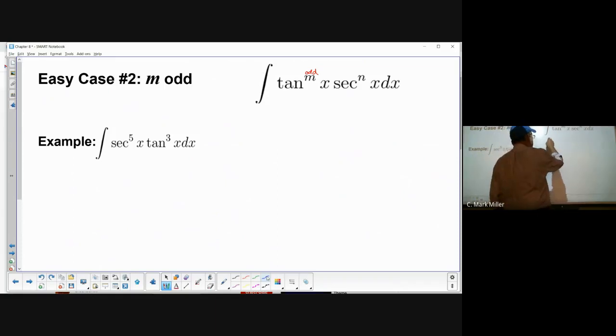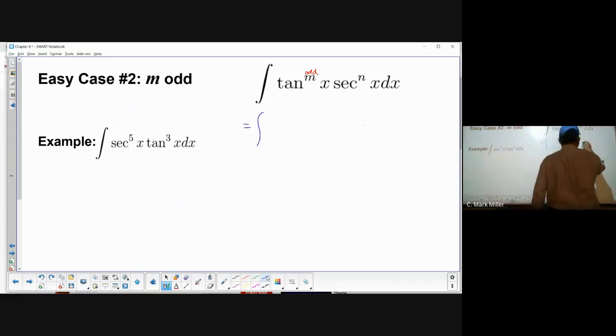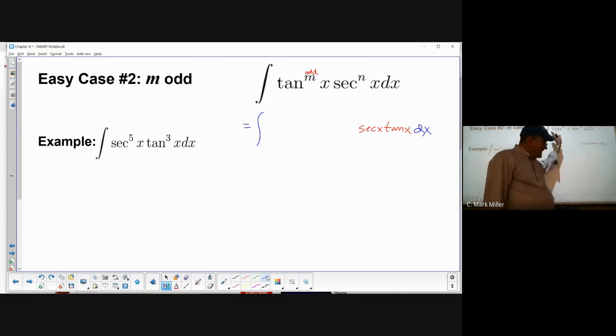So what we're going to do is going to be integral. Over here, we're going to put secant x. We're going to take a secant tangent off. Then what's going to happen? You're now going to have tangent, not to the m power. It's odd, right?